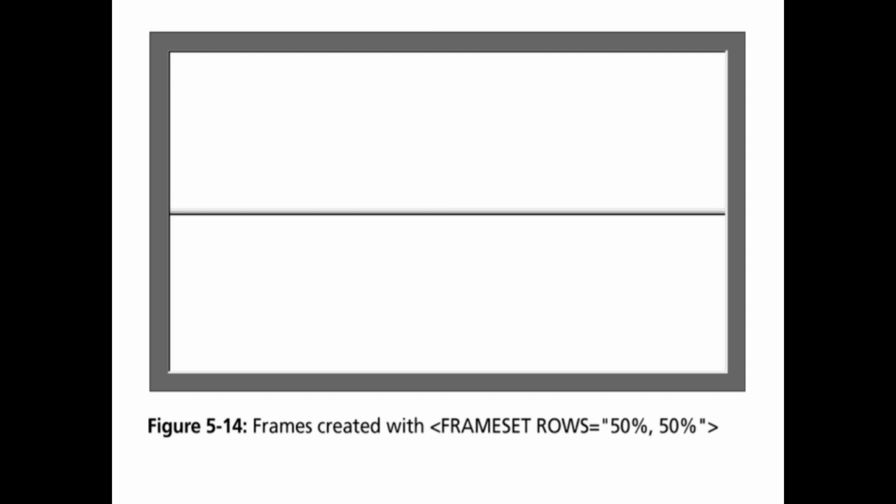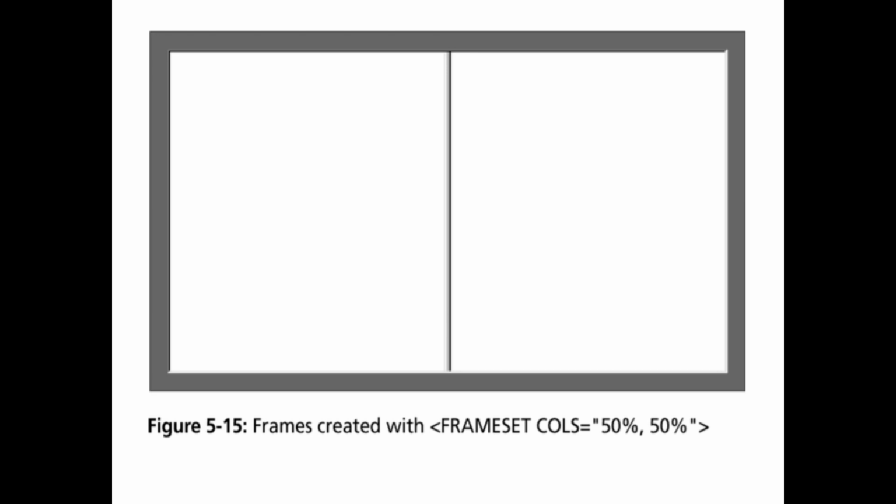Then this is the example for frames created with frameset rows of 50% and 50%. That means one frame is split into two. Then this is the example for frameset columns, where we use the values 50% and 50%.